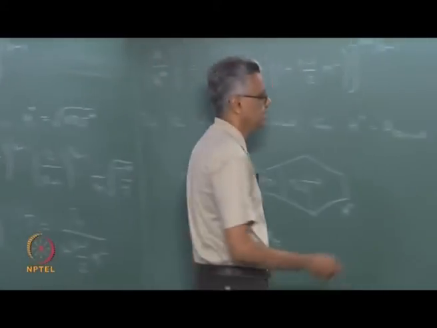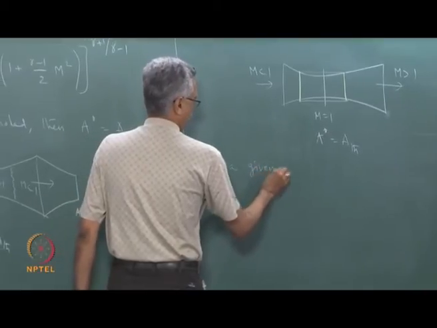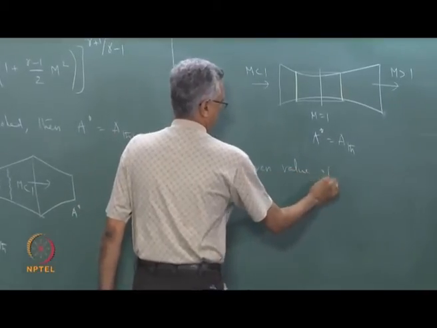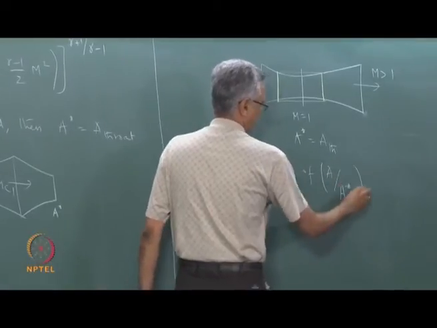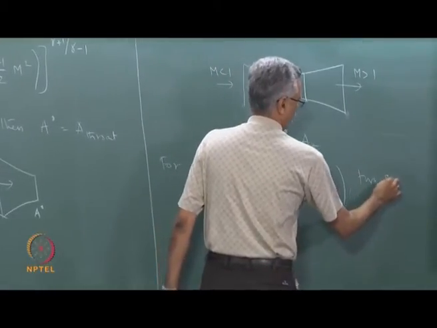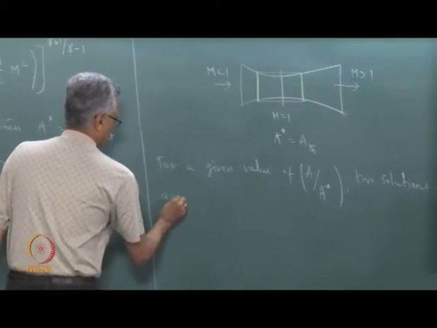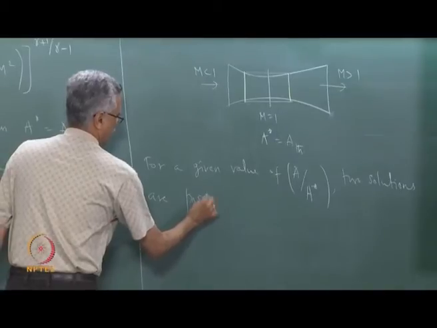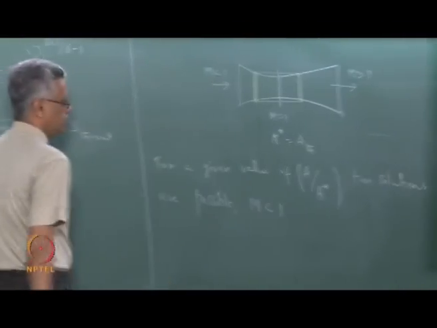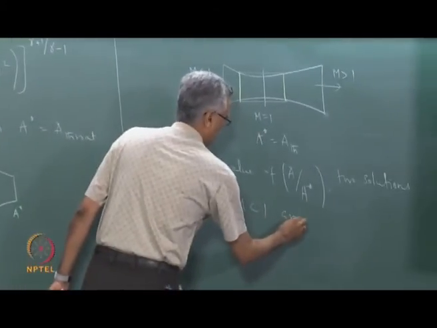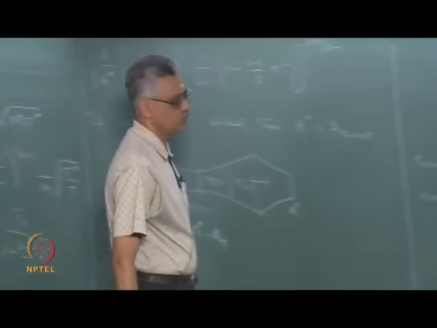Okay, let us write this down formally. M less than 1 is one solution and M greater than 1 is the other solution.